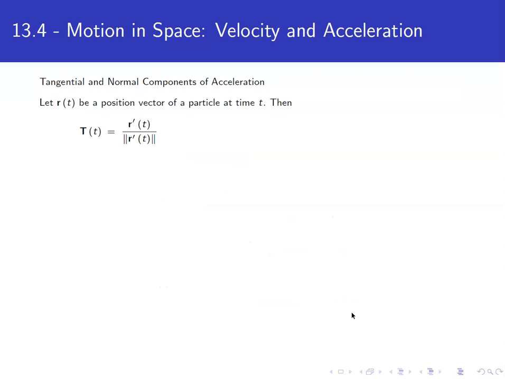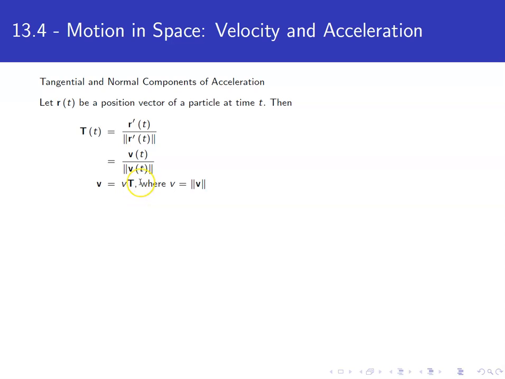All right, let's switch gears a little bit and talk about the tangential and normal components of acceleration. If we have a position vector at time t, we know how to compute the unit tangent vector. Now we're calling r prime v, so that's just substituting v for r prime. We can rearrange this equation: our velocity vector function is the speed, so we're letting little v, without the magnitude, be the magnitude of v.